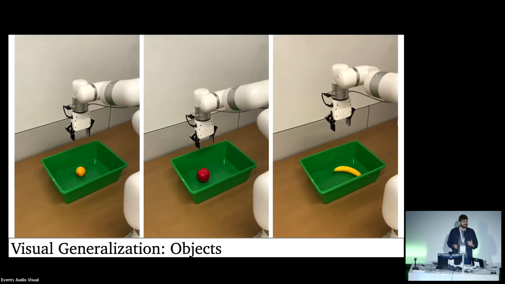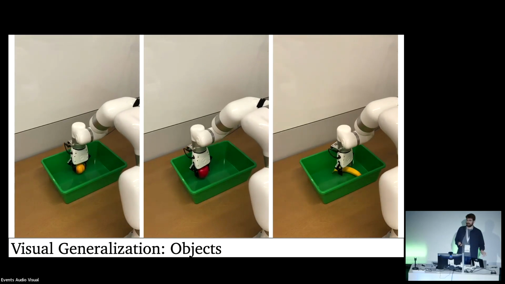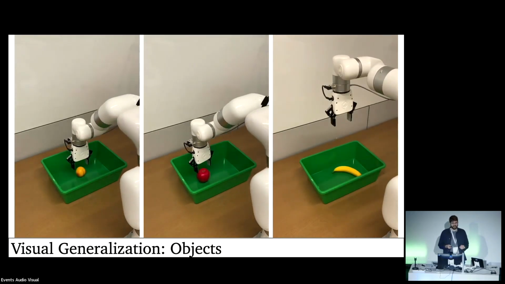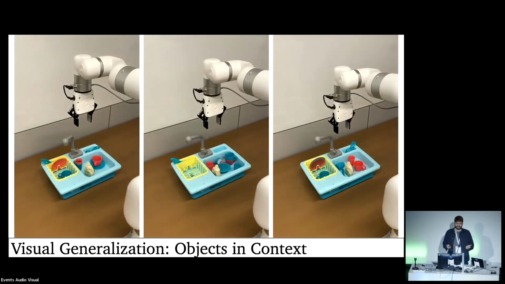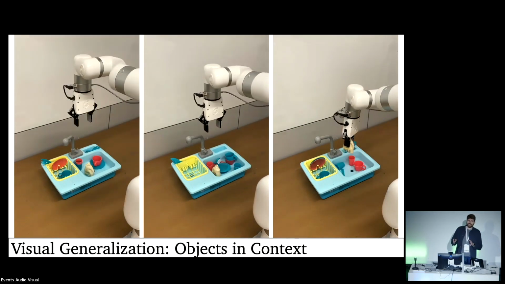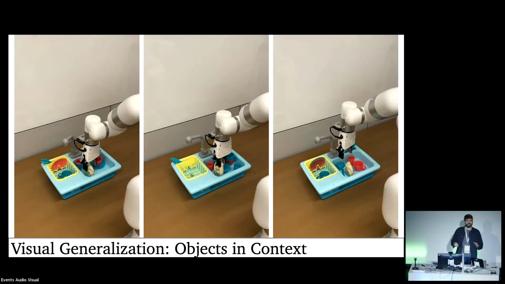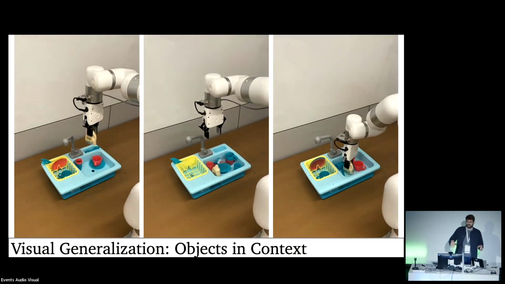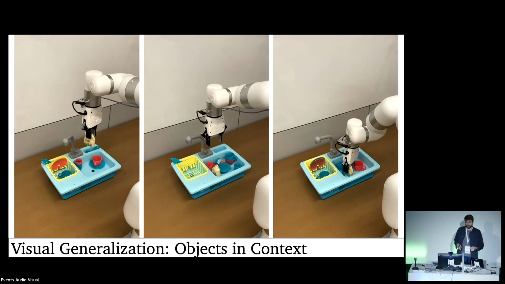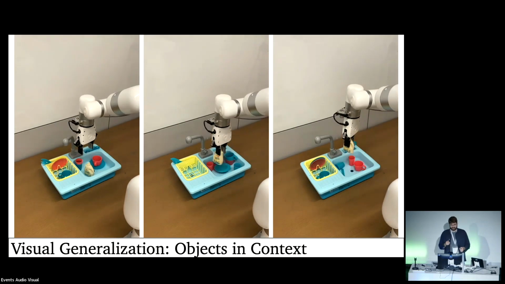We also consider variations in objects, so picking up various fruits, bananas, apples, oranges, and so on. And we consider variations in both scenes and objects where, for example, the task is to pick up a detergent bottle that is randomized across the sink, and other distractor objects make the scene more visually complex.